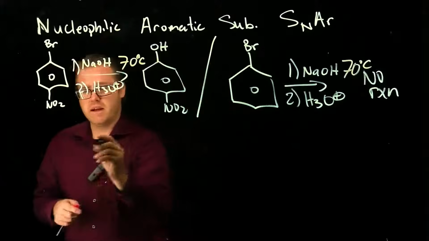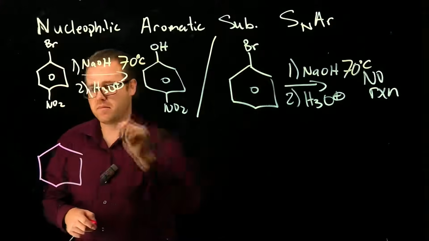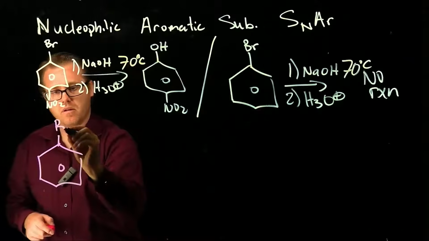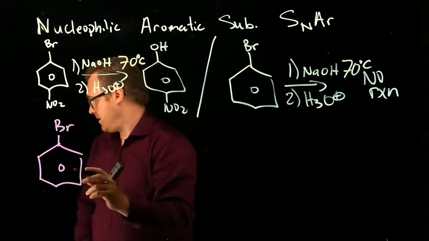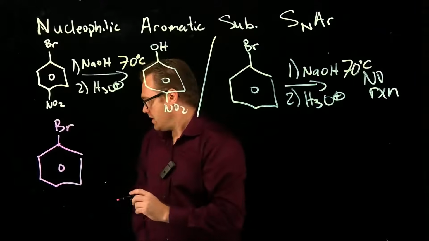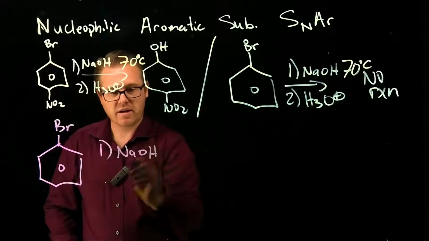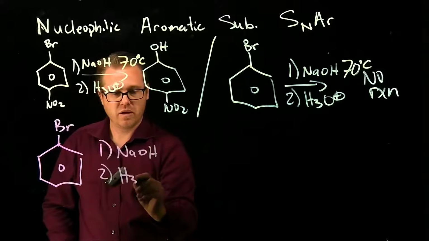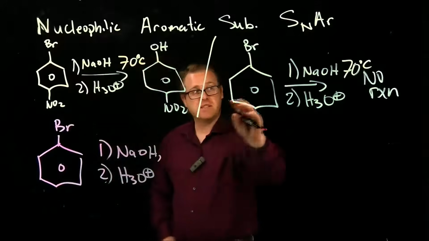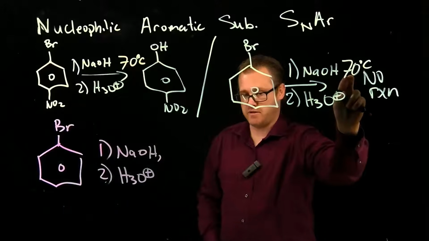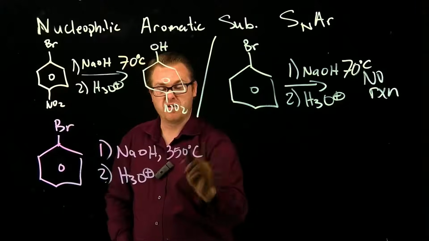But what if we had that compound right here, okay, and I treated it with, let's see, sodium hydroxide, step 2, an acidic workup. But this time we just changed the temperature from 70 degrees to, let's say, 350 degrees.